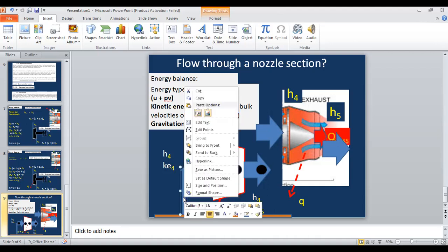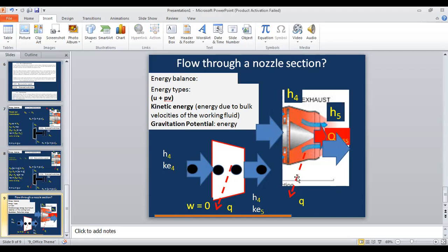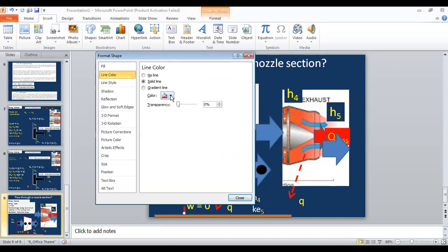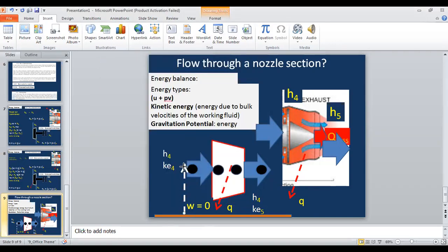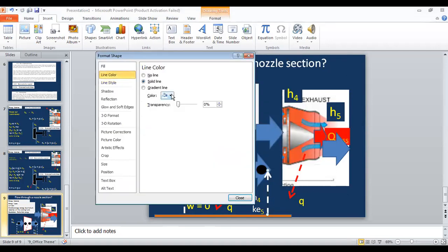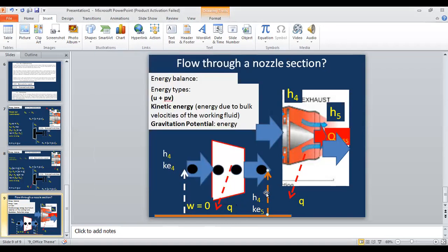This is the height. Yes, at this height. No height change. You cannot see that. No height change, even during the leaving. No height change. Let me change the color to brown to connect it to the ground.